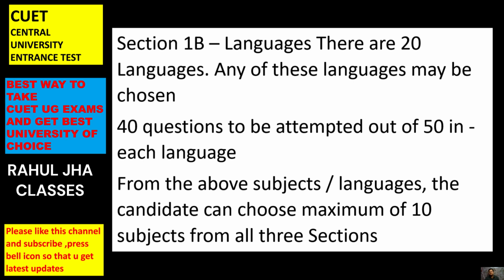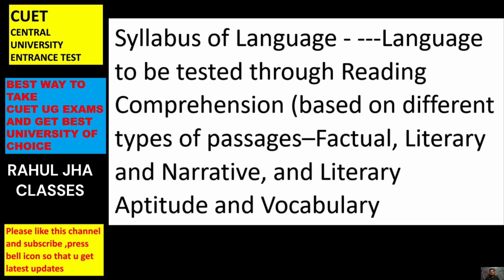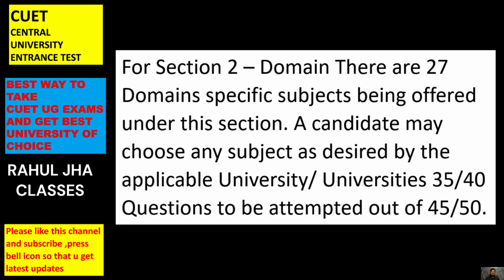Syllabus of language. Language is tested through reading comprehension based on different types of passages, factual, literary and narrative, and literary aptitude and vocabulary. Section 2 is the domain paper.